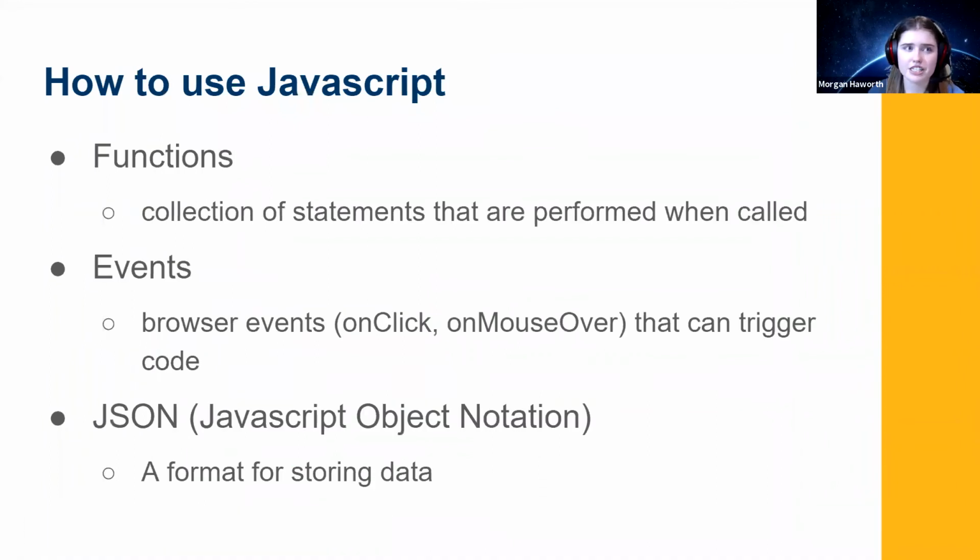Next, we have functions. Functions are a block of one or more lines of code that perform an action or actions. And browser events are things that happen that can trigger some code to execute. If we look at this example, we pull over this example.